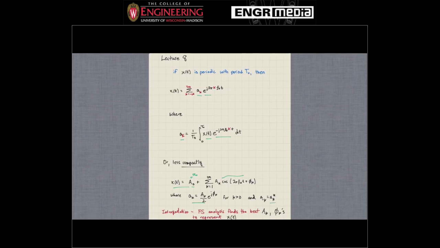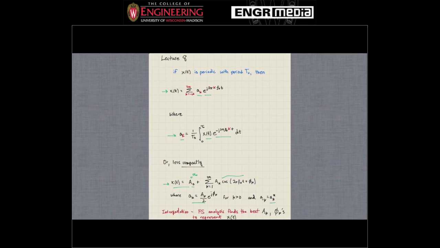Hopefully it's clear how you can get from this equation, the sum of cosines, to the more compact sum of complex exponentials all the way up top.